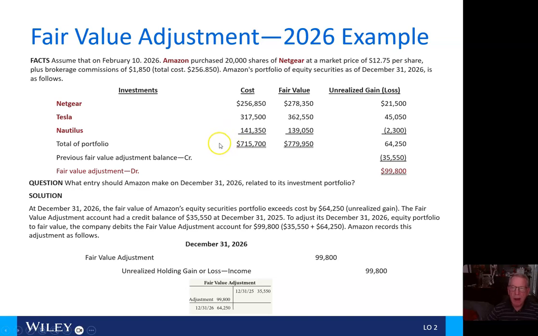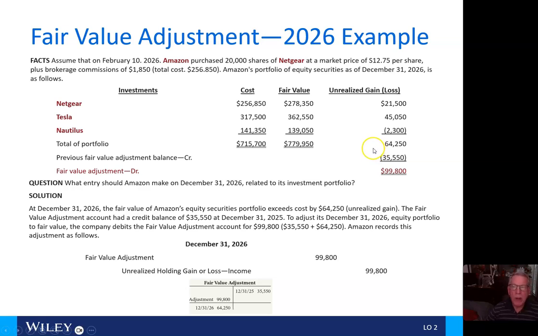Now, the fair value at the end of the year are shown here at $779,950. So our previous fair value adjustment balance was a fair value loss of $35,550,000.